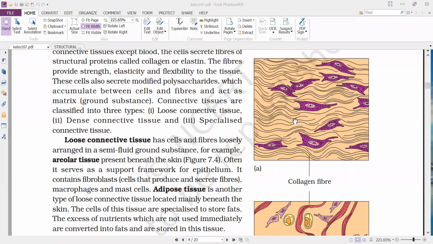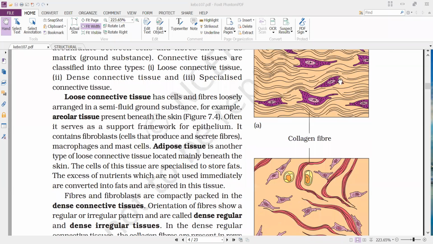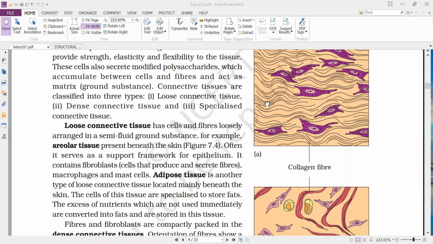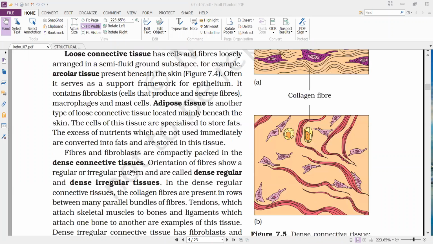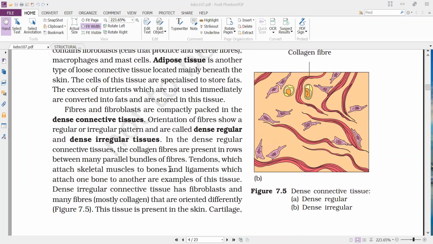When you observe the collagen fibers, they are arranged parallelly in rows, in the form of bundles of fibers. The best example for this dense regular connective tissue is a tendon.